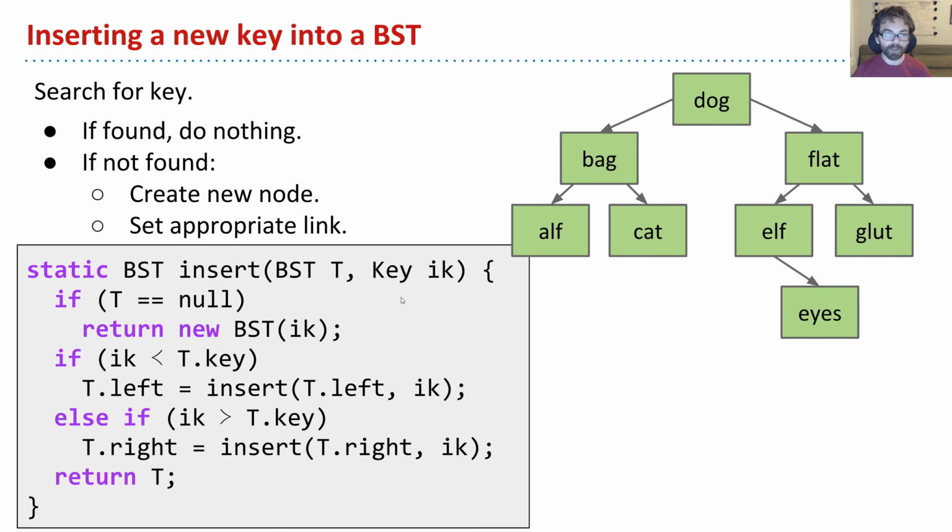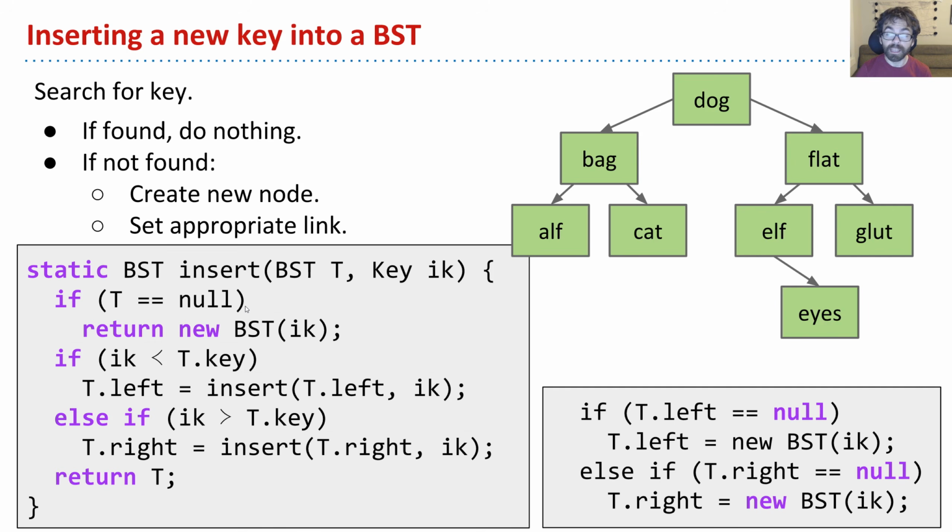Now what's funny is this code, I mean, this is the right way to do it. It's really nice, but a little alien if you haven't written code like this. By contrast, I know that many of you will be tempted to write code like this, and this is my main warning for this lecture. You might be tempted that the code should somewhere contain, if t.left is null, then t.left equals new binary search tree with the insertion key.